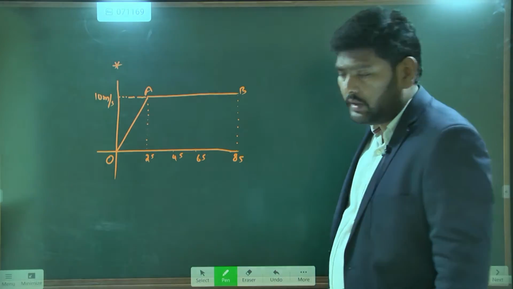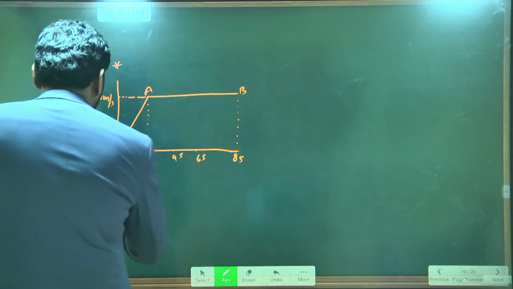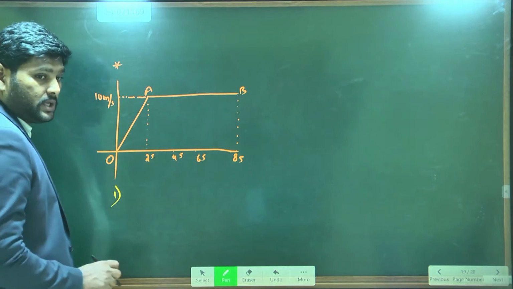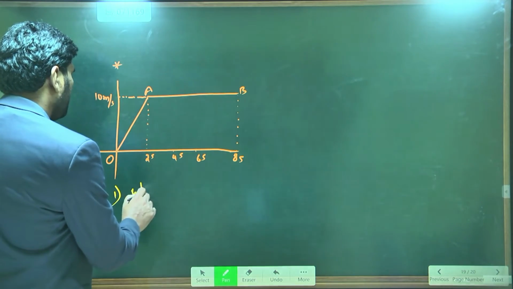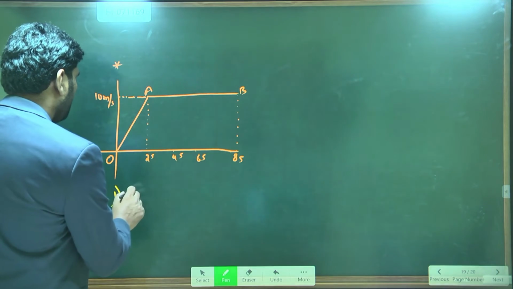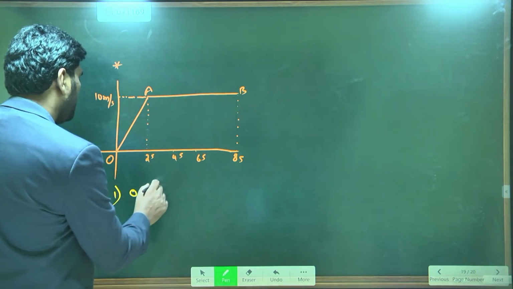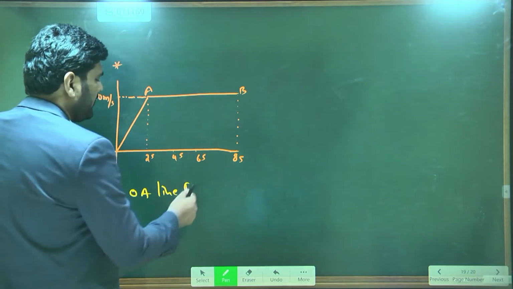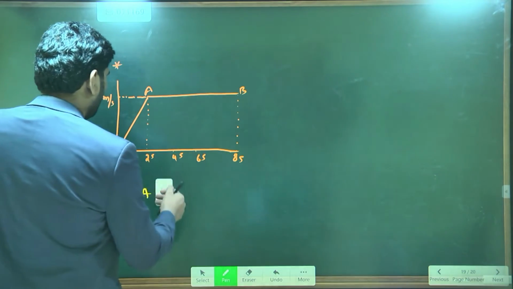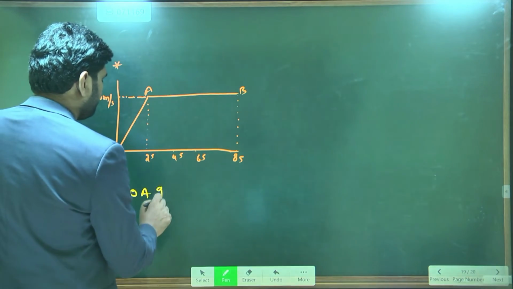In that, the first question is, what kind of motion does the OA line represent? OA graph.